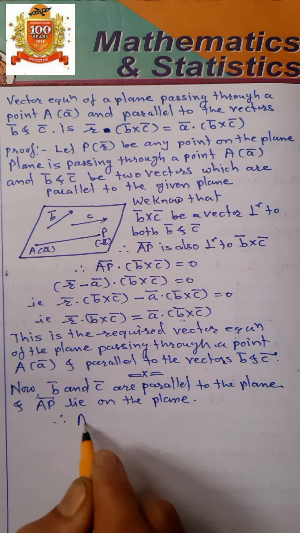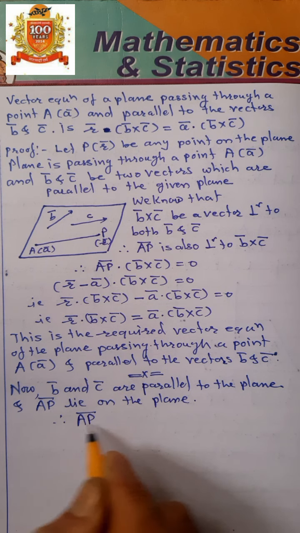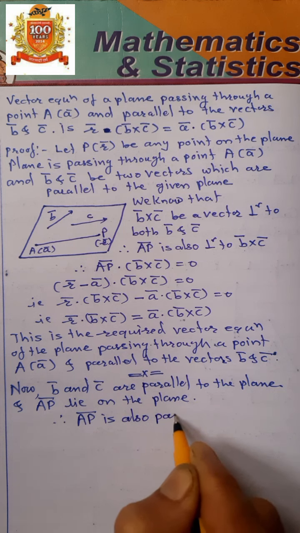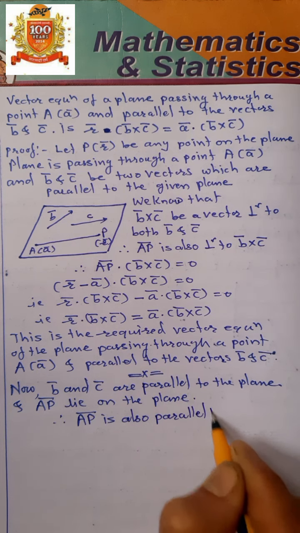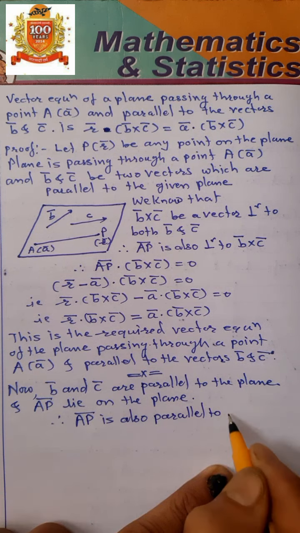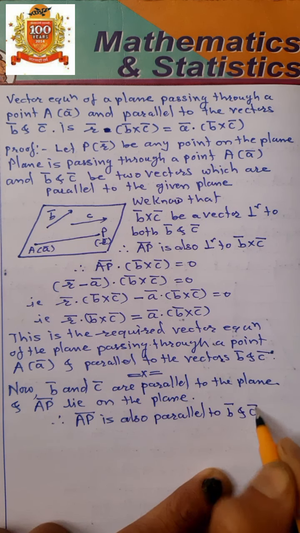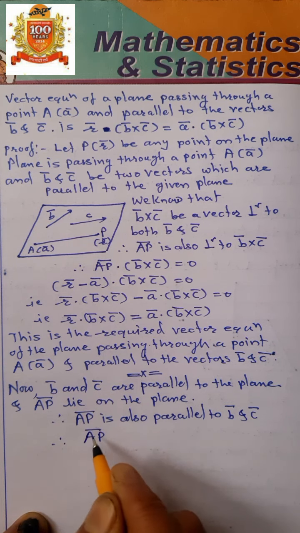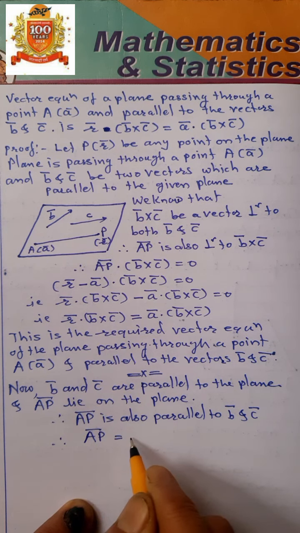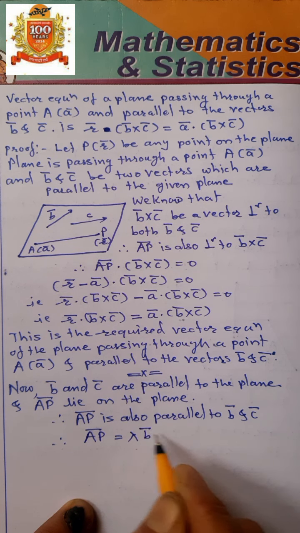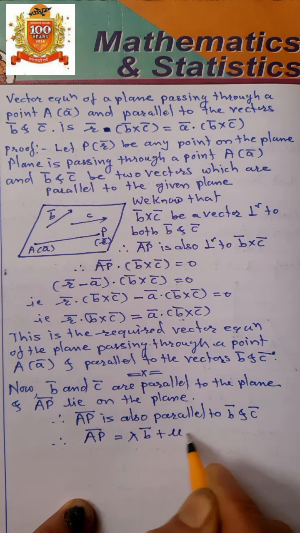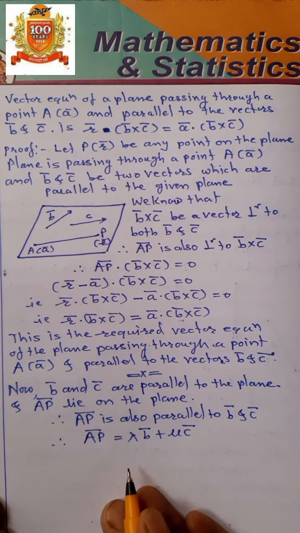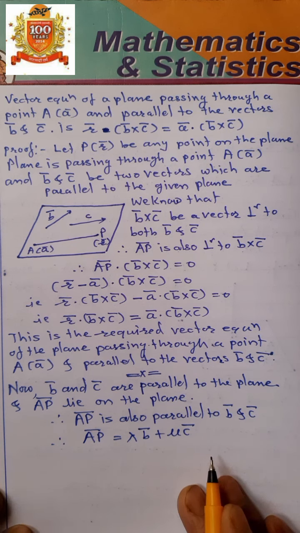Therefore, AP bar is also parallel to B bar and C bar. Therefore, AP bar can be expressed as lambda into B bar plus mu into C bar. AP bar is a linear combination of B bar and C bar.